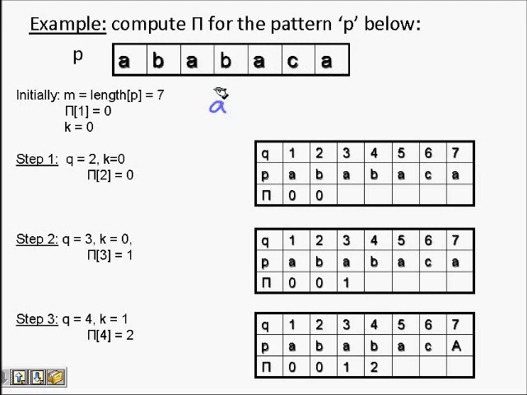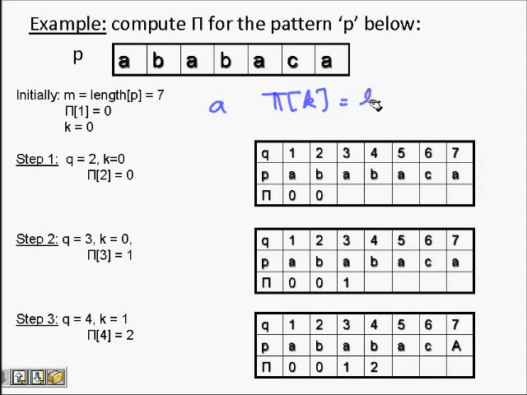Now let's try to see what the pi vector is. The pi vector tells that the value of pi of k is the length of the longest prefix of p that is a proper suffix of pk. I will just write it.